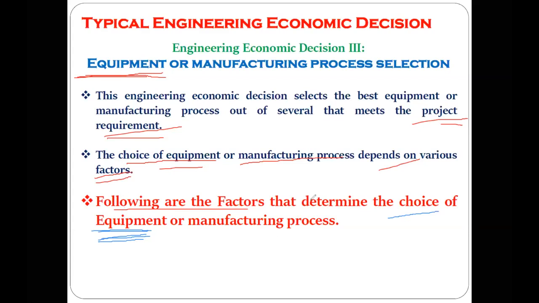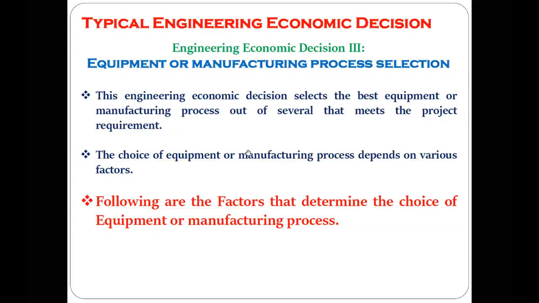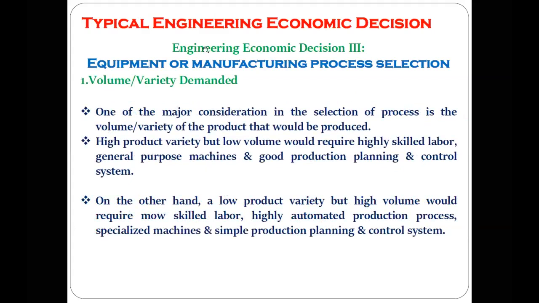That depends on different factors, and we are going to discuss them in this third engineering economic decision. So here are the different factors to consider when you are selecting machinery for your company to produce some product.